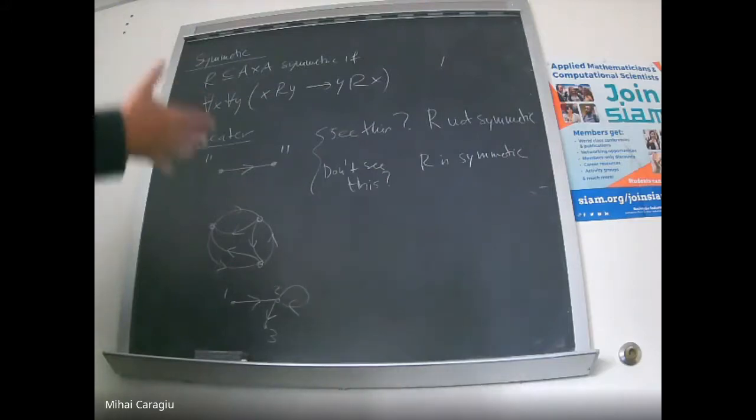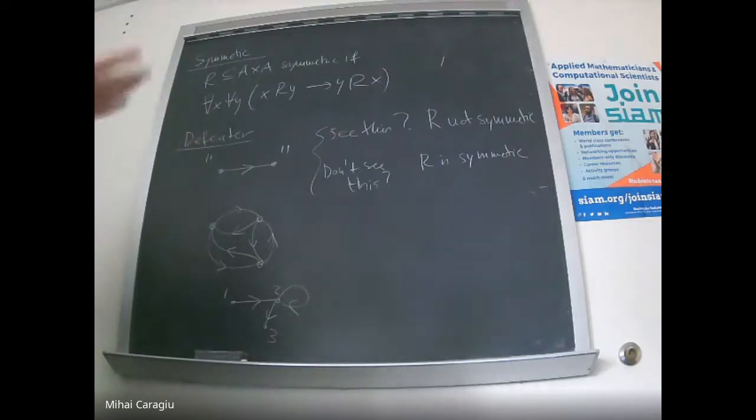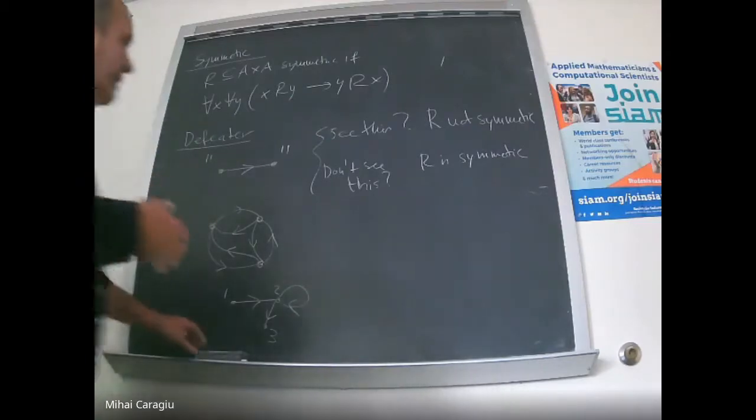Okay, now a positive knowledge. A positive knowledge is, if we work with matrices, how to recognize symmetric. The matrix of the relation is a symmetric matrix.